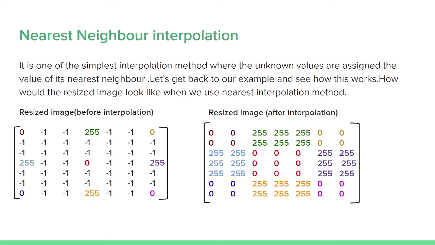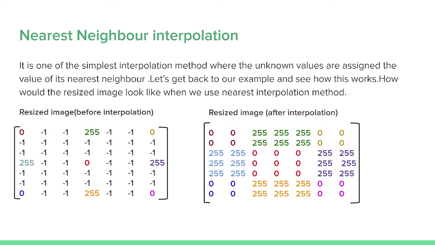So over here in position 1, 2, we check its nearest neighbor, which is nothing but the pixel at 1, 1. Its intensity value is 0, so we allot it 0. Then we go to 1, 3, and there we look at its nearest neighbor, which is at 1, 4, with 255. The same intensity value will be given to this pixel at 1, 3.